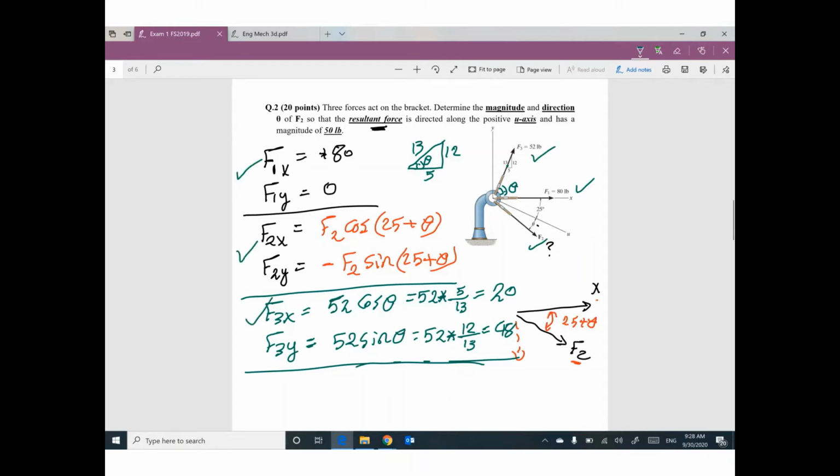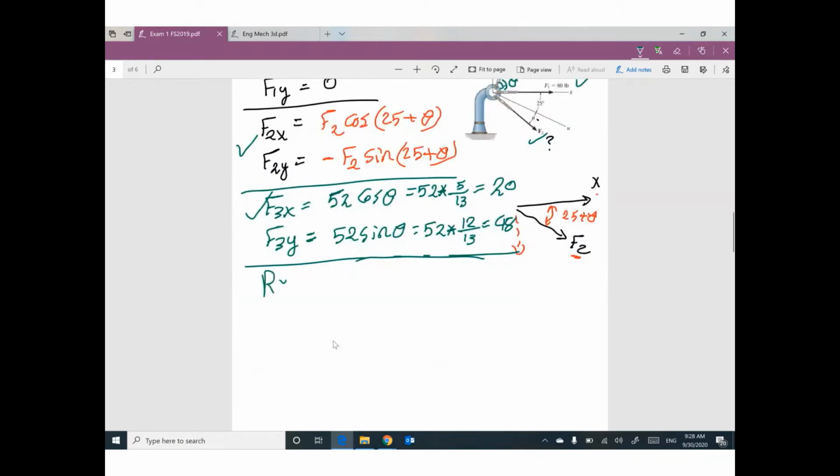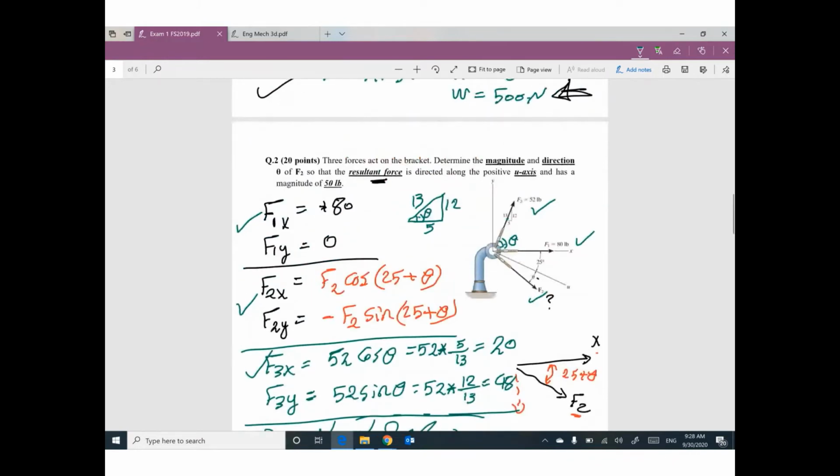So go ahead and search for the resultant force. What do you have about the resultant force? Please go ahead and read your problem carefully. The resultant force is directed along the positive U axis.